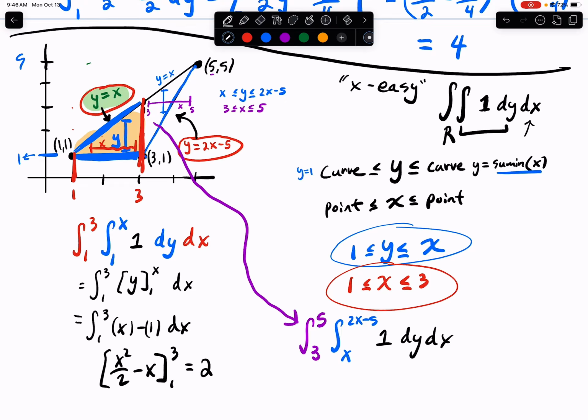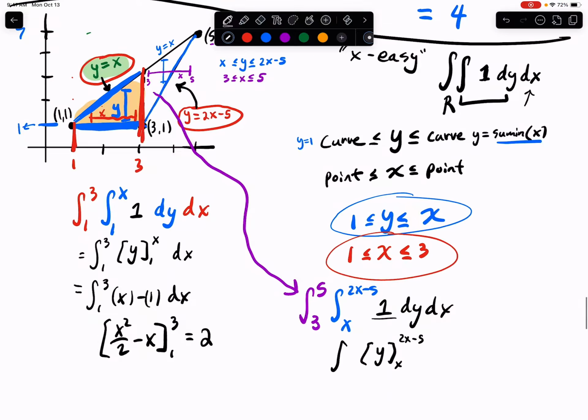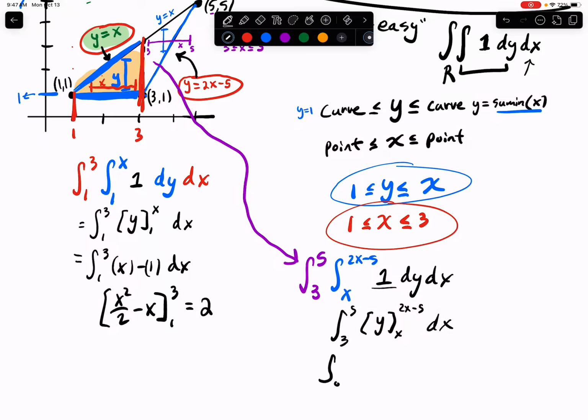Okay? And if I do all that math, integrate with respect to y, I get y from x to 2x minus 5, which is equal to the integral from 3 to 5 of 2x minus 5 minus x dx.